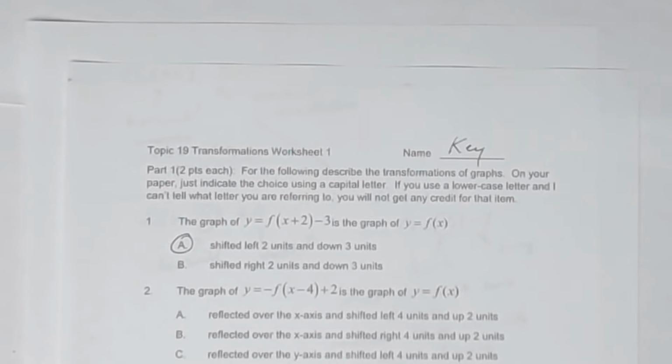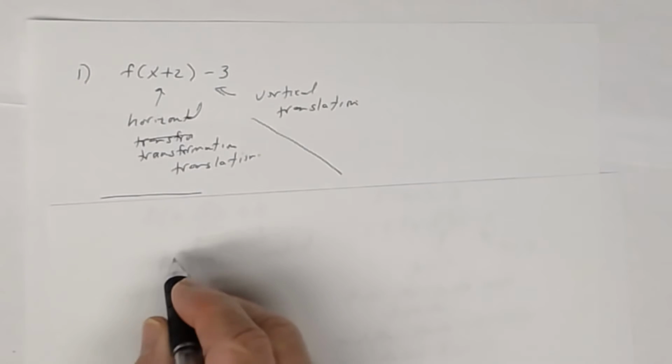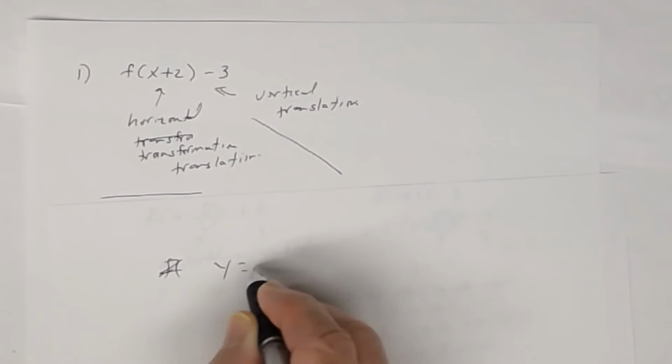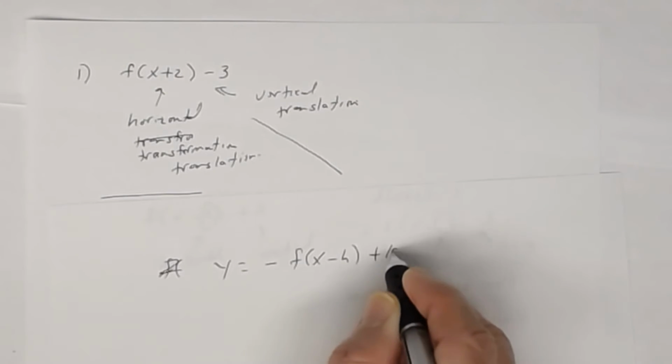In number 2, the only difference between 1 and 2 is this negative out in front. Remember, if there's a negative, and we'll go ahead and write it this way, y equals negative f of x minus h plus k.